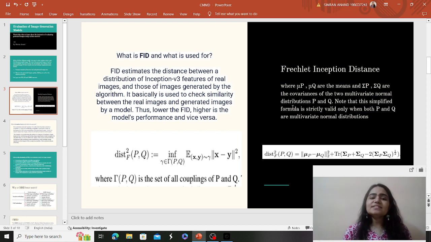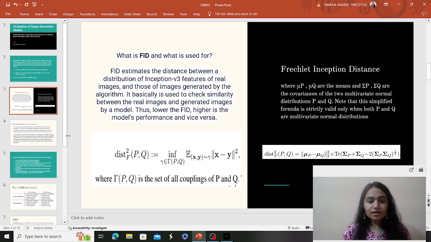So why is it an assumption when you're calculating FID that P and Q, which are the two image distributions, are multivariate normal distributions? We'll get into that, and that is one of the drawbacks of FID, because it only works on multivariate normal distributions. So this is the formula of it.